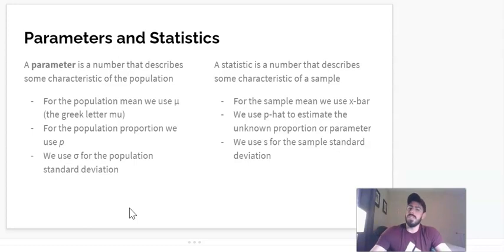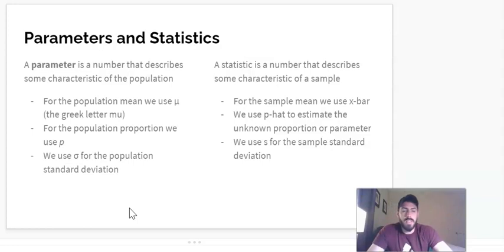Just some symbols that we use: for population mean, we use mu typically, whereas for sample mean, we use the x with a line over it, or x bar. For population proportion, we use an italicized p, whereas for the statistic, p with a hat over it, the caret, literally called p hat.